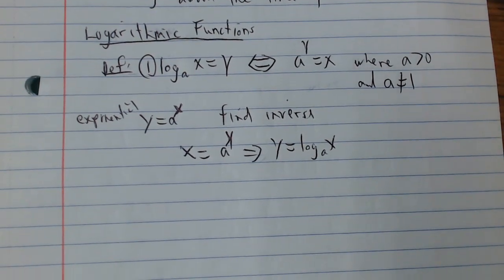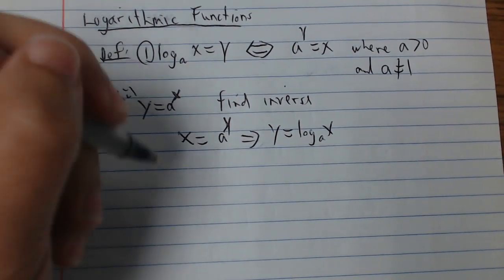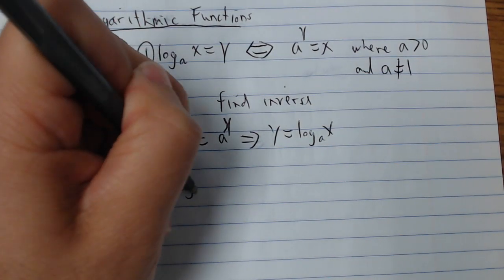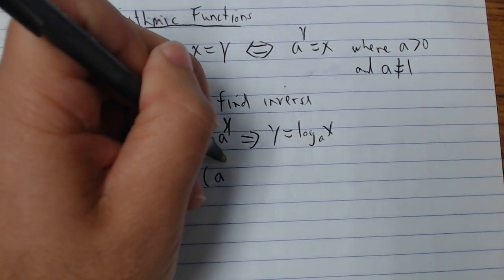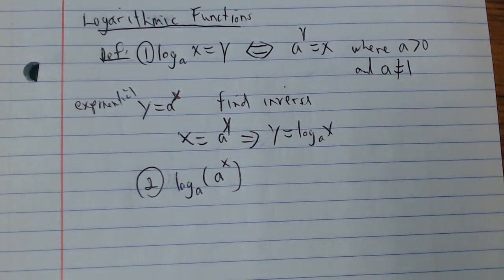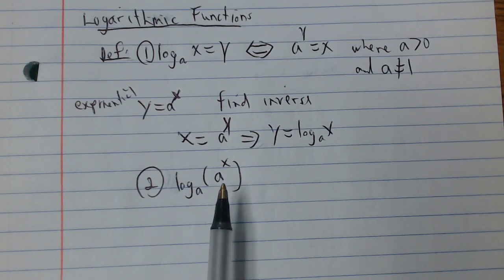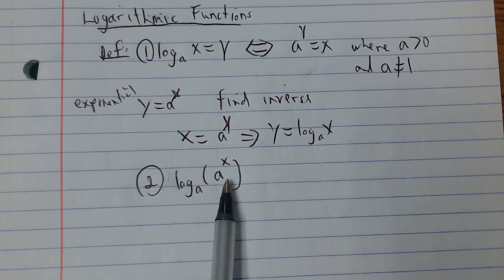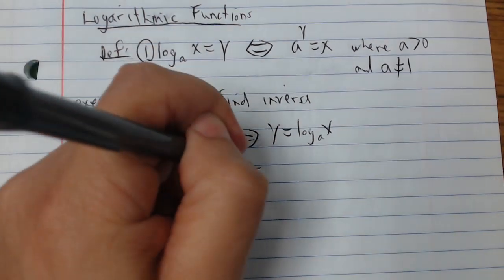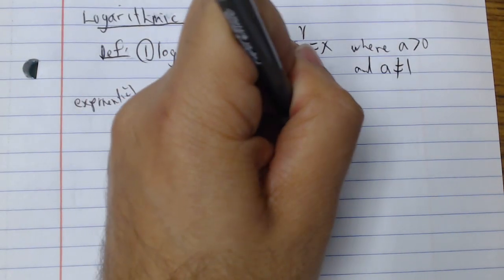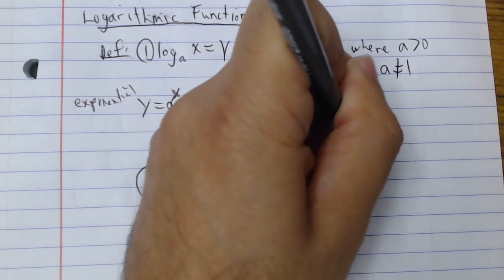Now the second definition is more like a property of logarithms, and we have log base a of a to the power of x. And if you remember this from analysis, we said log base a of a, since these two are the same, this ends up just being x. And that's for all x in the real numbers.